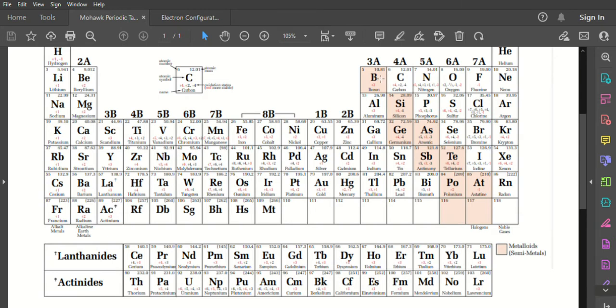Here's the 2p, 2p6 all the way across, 3s2, all the way across these ones, 3p6, we're at 18 now, 4s2, remember that the d's start at 3, 3d10, all of them, and the last one, gallium, 4p1.